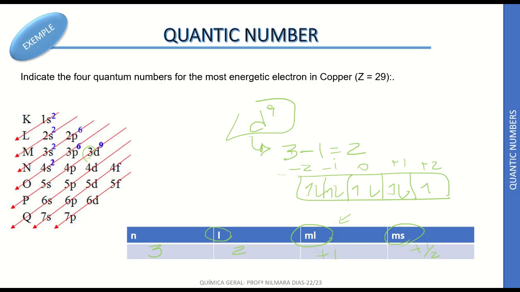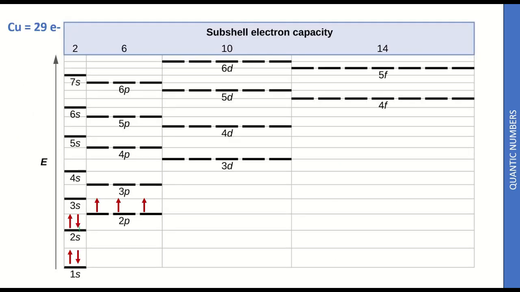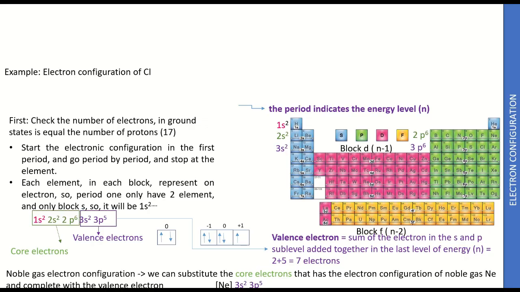Okay? Good? So can I have ML equal +3 when I have L equal 2? No, right? Because it goes from -2 to +2. Okay, so pay attention to that.